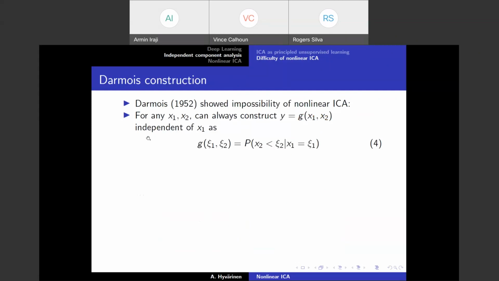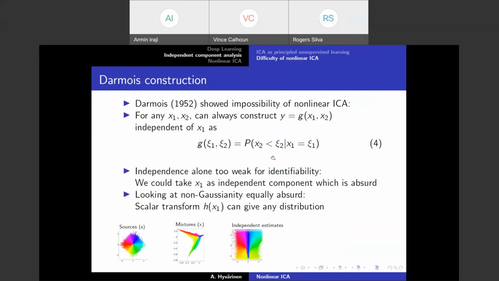You can always define a function g of x1 and x2, defined as the conditional cumulative distribution function as given by this equation. Now the output of g, denoted by y here, is exactly independent of x1. So we see that independence alone doesn't allow any kind of identifiability, because we can take x1 or any of the observed variables and construct a new variable which is exactly independent of it.